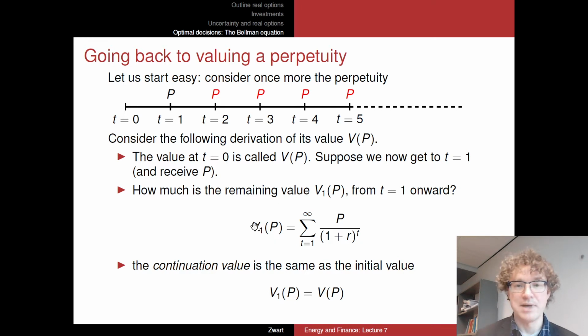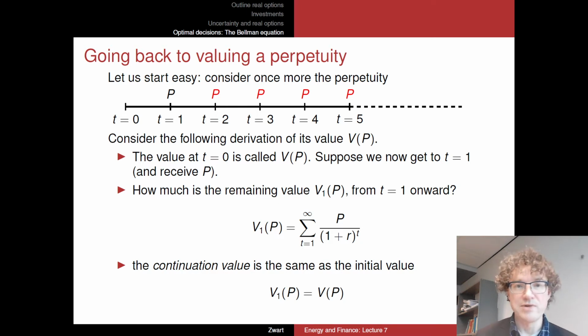So if I'm in period 1, what do I get? Well, I will get P 1 period from now, I get P 2 periods from now, I get P 3 periods from now. So the remaining value that I expect, the present value of those things, exactly has the same form as what we had starting in period 0.